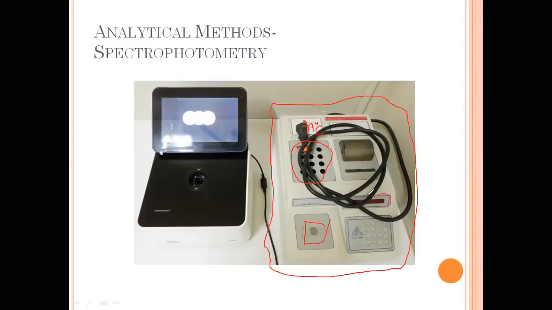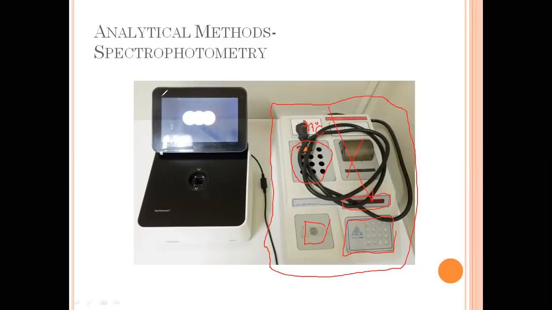This is considered the readout device, and here we press buttons for the different functions, such as setting the wavelength. There is also paper that comes out, where it prints the result, the absorbance or OD of your solution or sample. But again, that one is already broken.